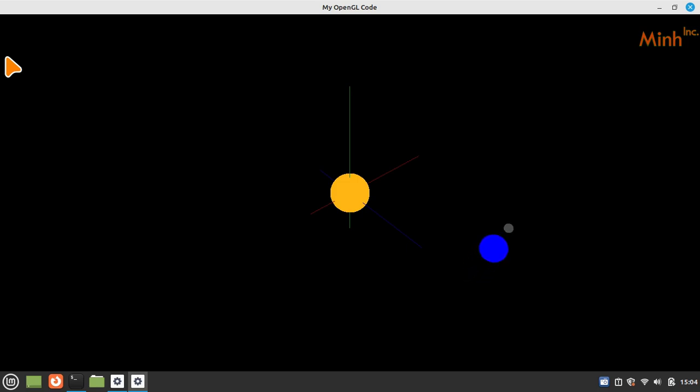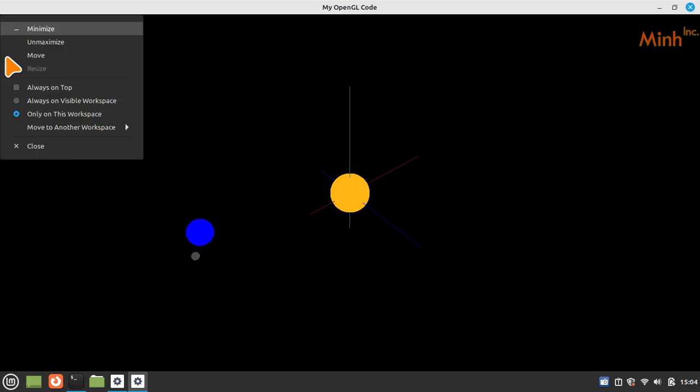So Earth is rotating across. I think it would be better. So this is glOrtho, glPerspective. We can make it ortho. So the idea here is that Earth is rotating across the y-axis, whereas moon is rotating across the z-axis.